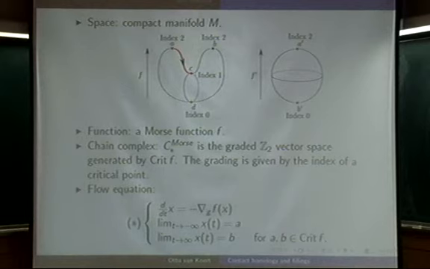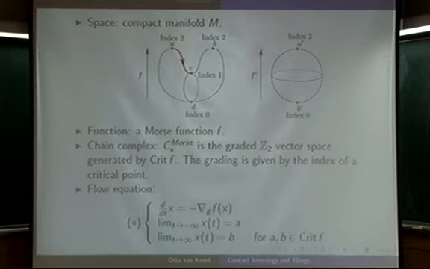You couldn't know Morse before, right? Yes, but I think that's true. That's true, but usually everyone who knows Morse knows Floer, or has heard of it.